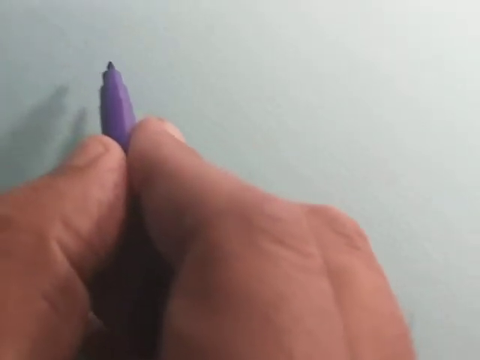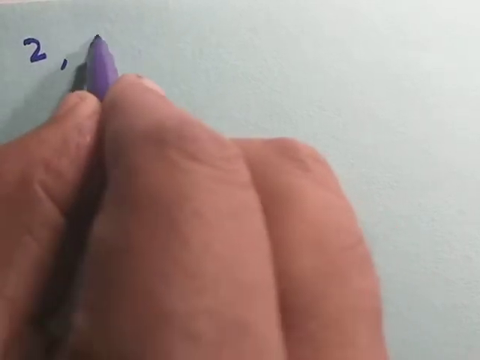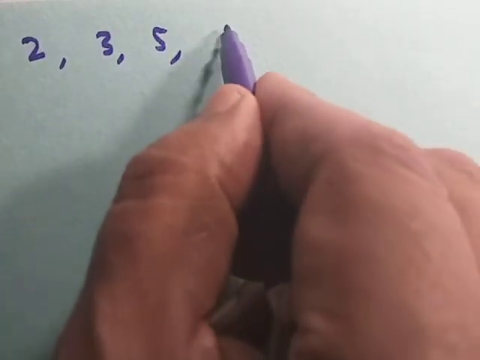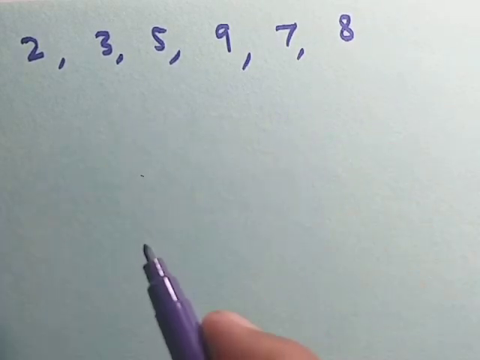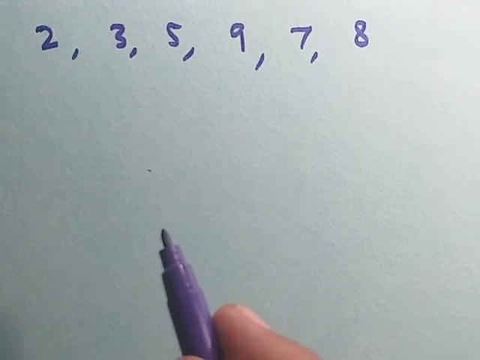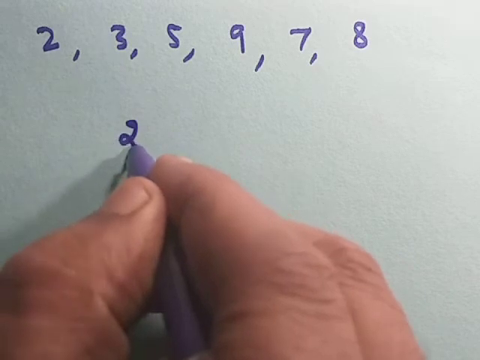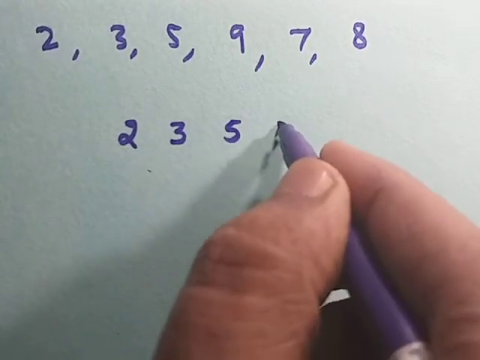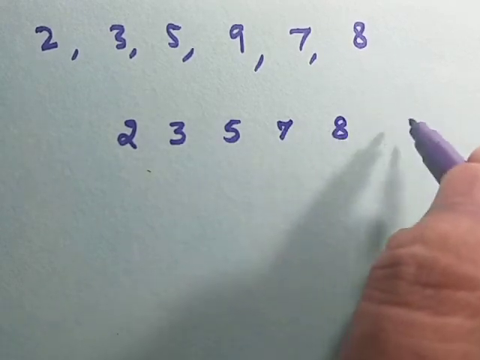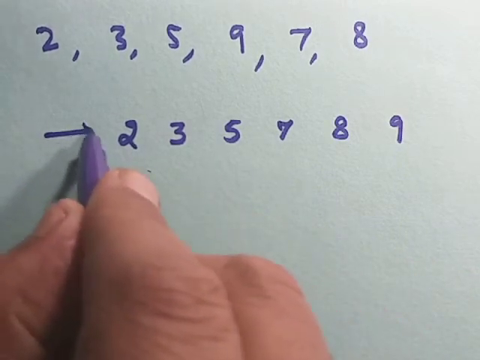Suppose 2, 3, 5, 9, 7, 8. Now they are 6, so even numbers are there. Let us first write the ascending order. The ascending order is 2, 3, 5, 7, 8, 9. Now its ascending order is ready.